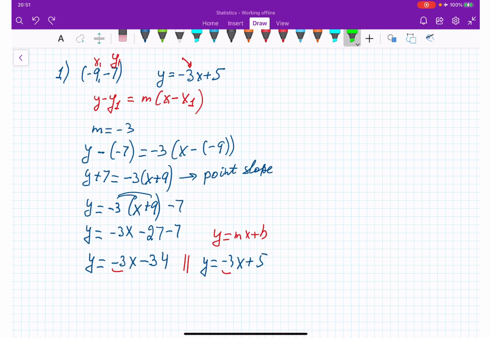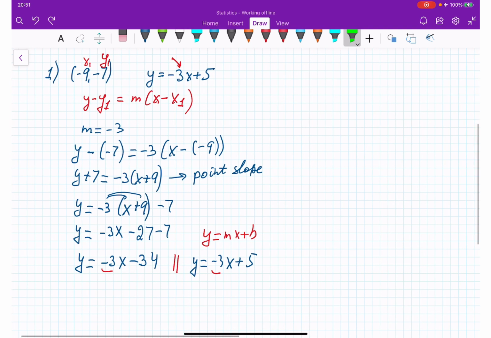Okay? Question number 2. Now we're going to do the next question, similar. Oh, this time we're going to do the perpendicular.